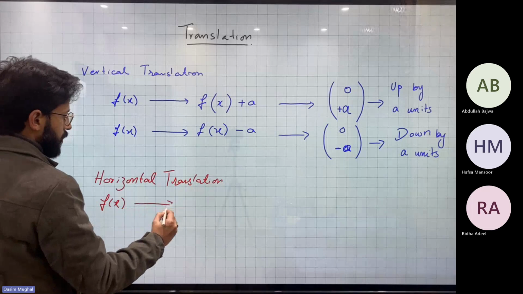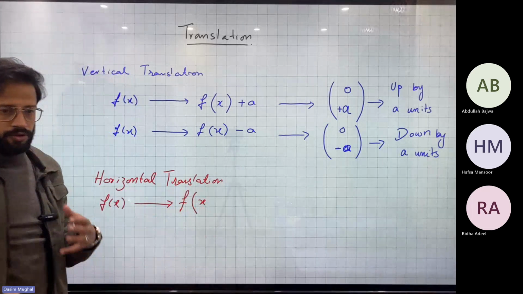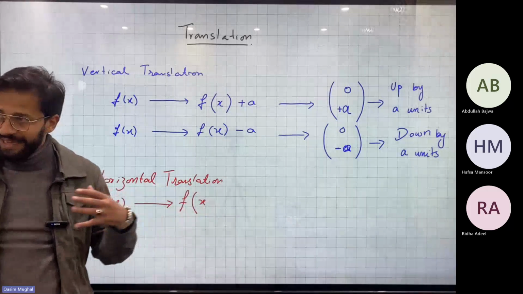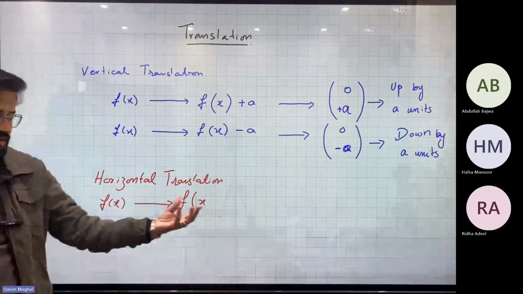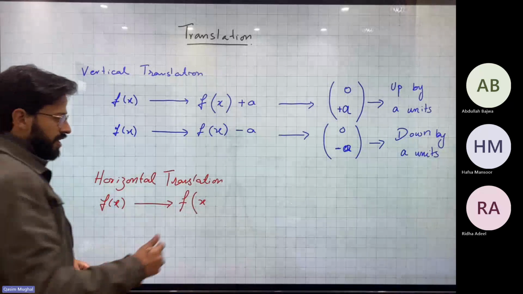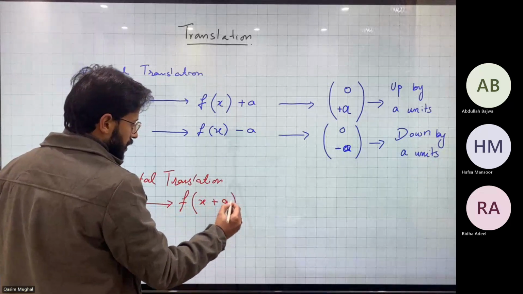Horizontal translation. For f of x, horizontal means you're going to make changes in the graph along the x-axis. So you need to make changes in the x. Let's start off with adding a.